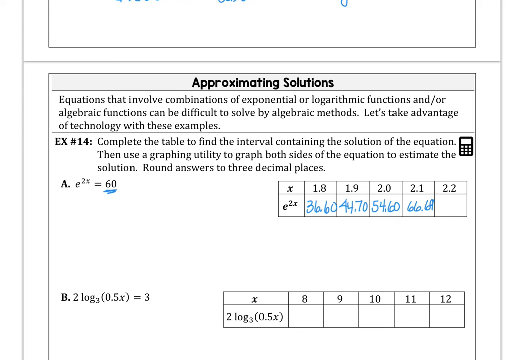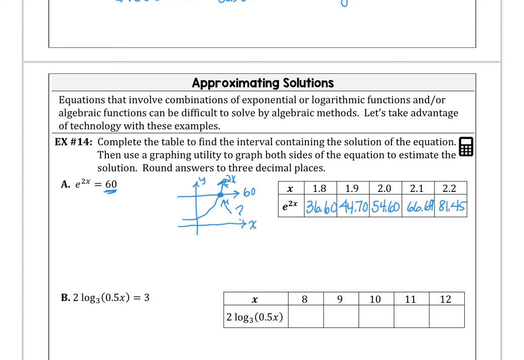Our target is 60, 81.45. So we're looking for e to the 2x is equal to 60. We're looking for that intersection point. Where is that? If this is x, and this is y, and this is 60, and this is e to the 2x power.